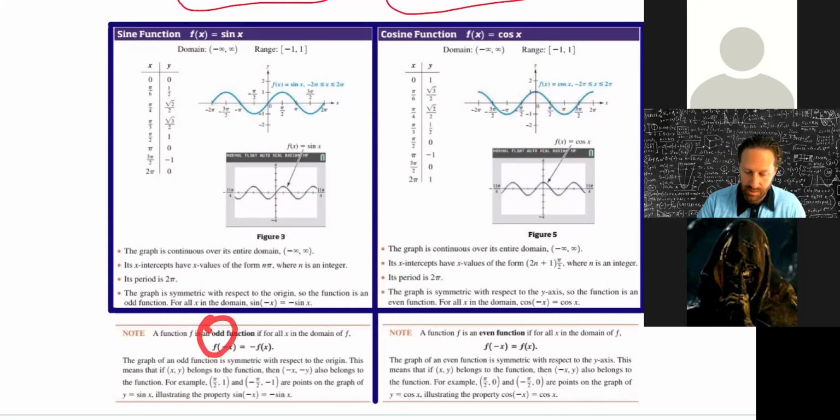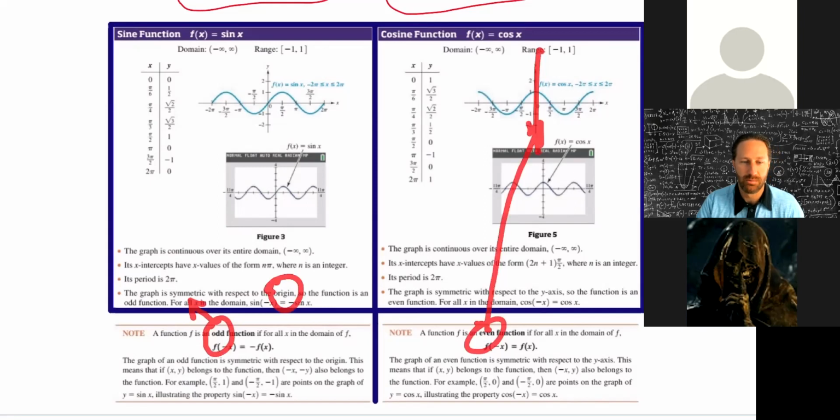Where if it's odd, it's a little bit more difficult. Even, you're going to get the same thing about the y-axis. Odd, you're going to get the same thing, symmetric, but about the origin.